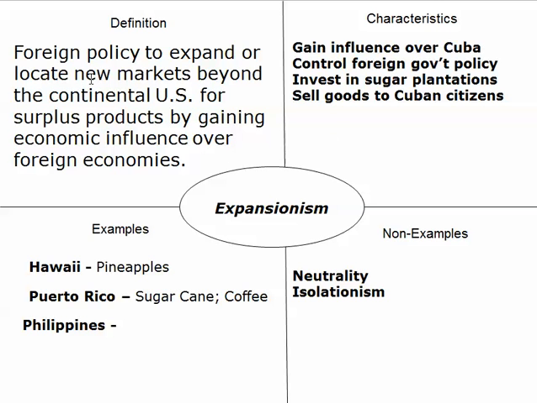So it's synonymous with it, but not exactly the same thing. We wanted to gain influence over Cuba and expand there with our markets and control foreign government policy there, invest in sugar plantations, which we had already done, and sell goods to Cuban citizens. And there's some examples. Some non-examples would be totally neutral and isolated from worldly affairs like we used to be.